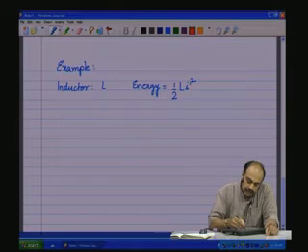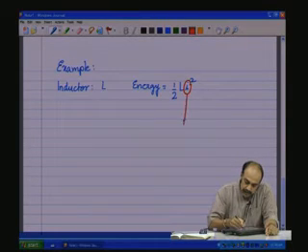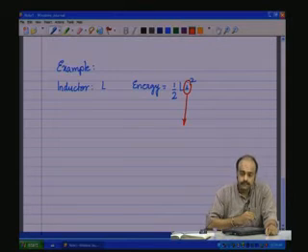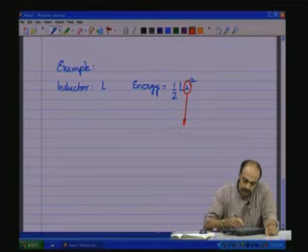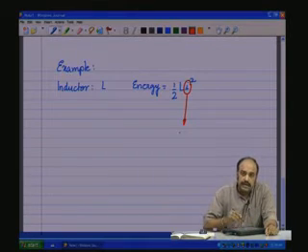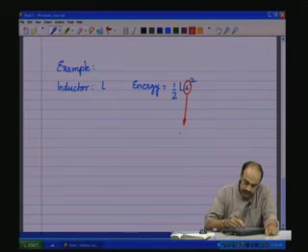This current here is the means by which the energy is getting stored, and this current is a candidate for state variable, and that can be a state variable.